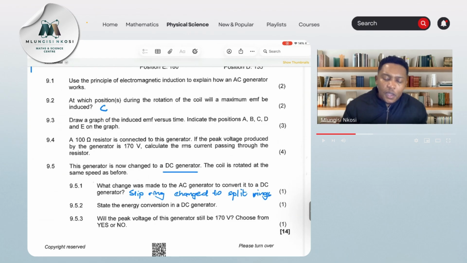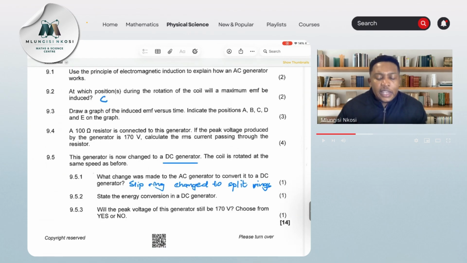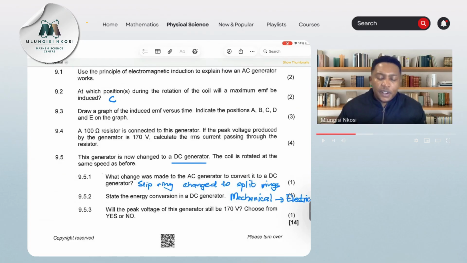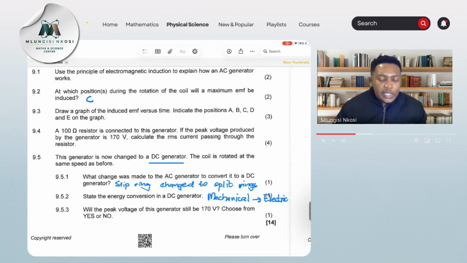Okay. Right. And then they say state the energy conversion in a DC generator. Well, it hasn't changed from an AC generator. It is still from mechanical energy to electrical energy. Right, that's the function of a generator. Okay, and they say to us, will the peak voltage of this generator still be 170?